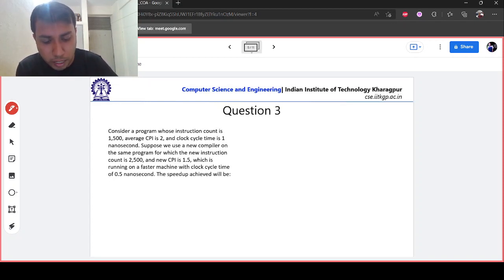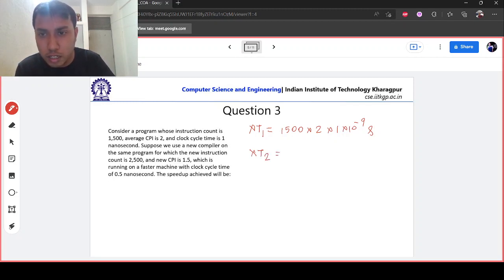For the first machine, the execution time XT1 will be 1500 into 2 into 1 into 10 to the power minus 9. This is the execution time for the first compiler and the first machine.